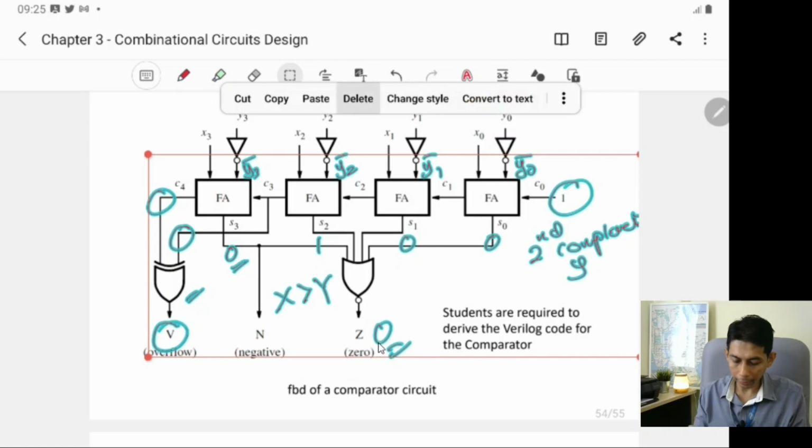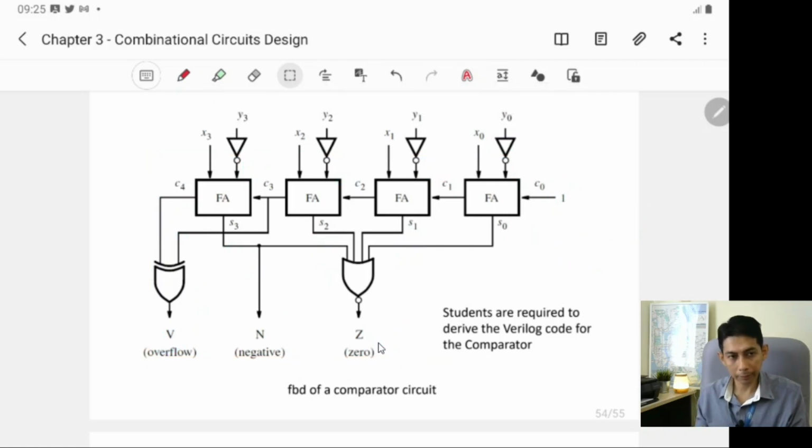Alright, so when we compare this comparator with the previous one, this one is a lot easier. And of course you save a lot of cost, because you don't need another circuit. Now you have one kind of circuit which is an adder.